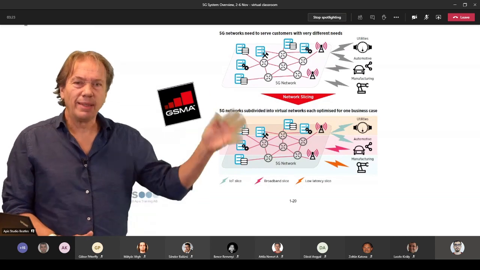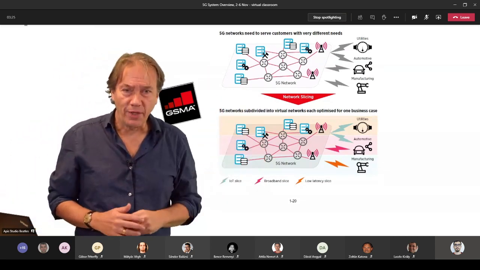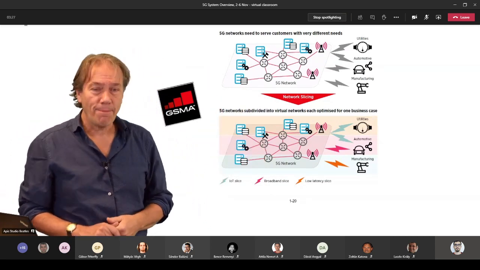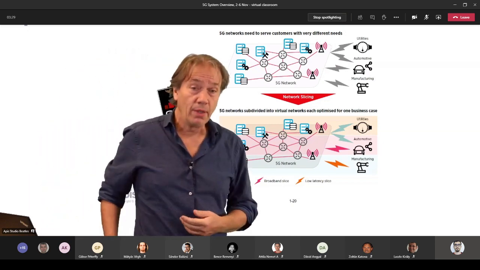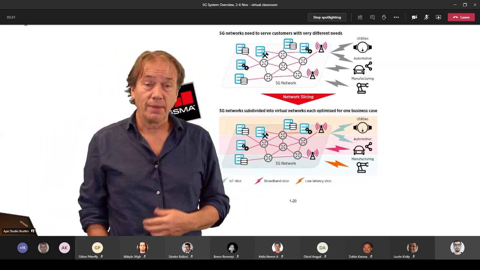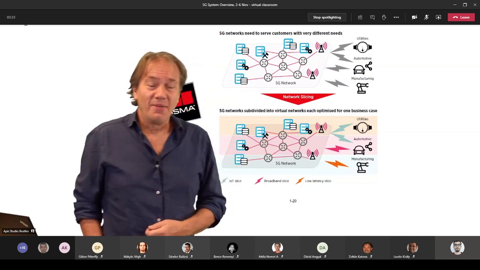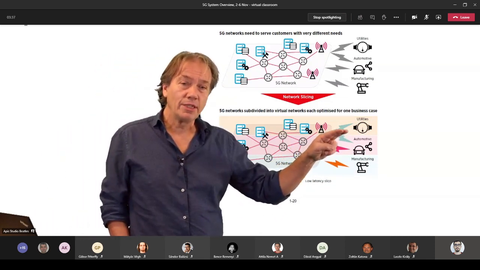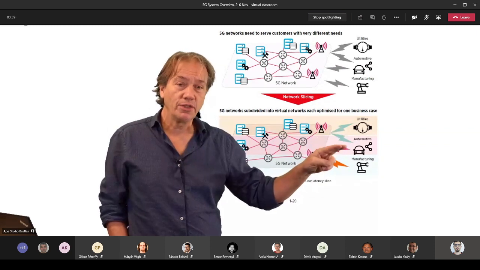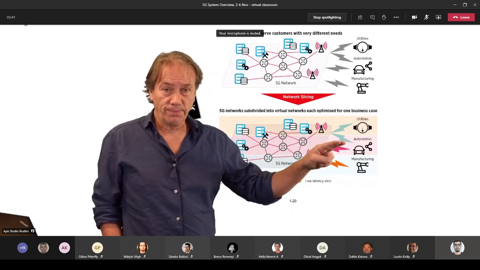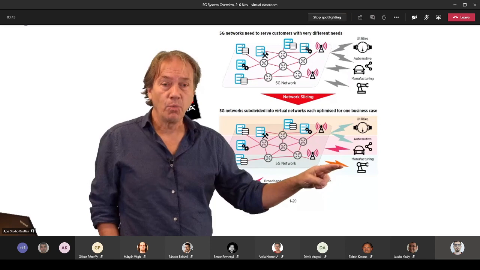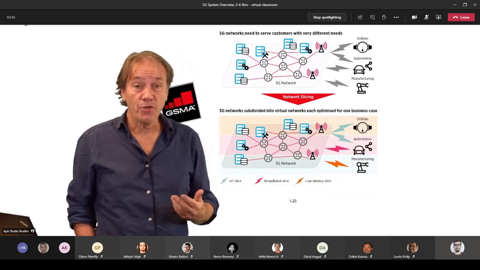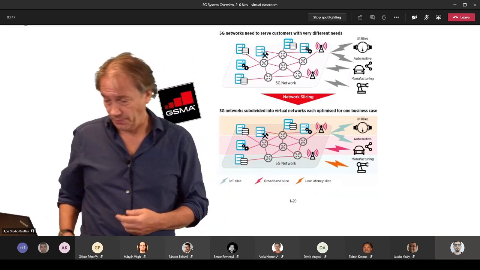It's a bit more messy, I think. And in this example, there are also 3 slices. I think 3 is a nice number, but in this example, there's 1 slice for utilities, there's 1 slice for the automotive vertical, and there is 1 network slice for manufacturing purposes.